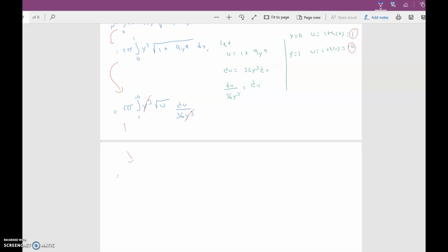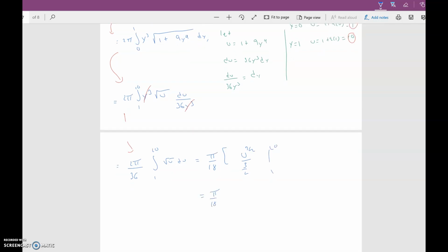So we're looking at 2 pi, I'll put 36 at the bottom, integral from 1 to 10 of the square root of u du, which we're going to get pi over 18, and then this will be u to the 3/2 divided by 3/2 from 1 to 10.